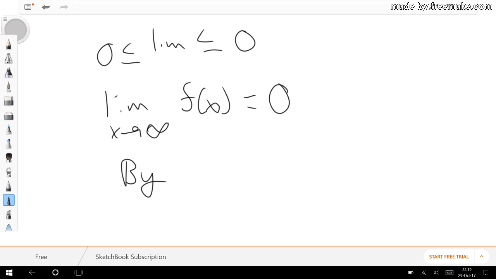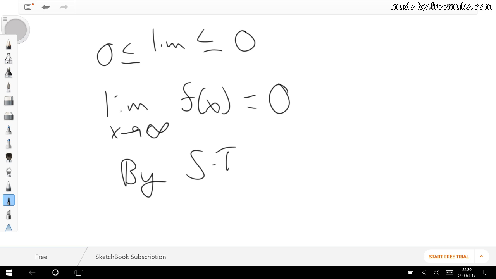And again, write down by Squeeze Theorem. And that's it. We went from some crazy problem that is so scary to 0 in I don't know how long, but it was a pretty short time.